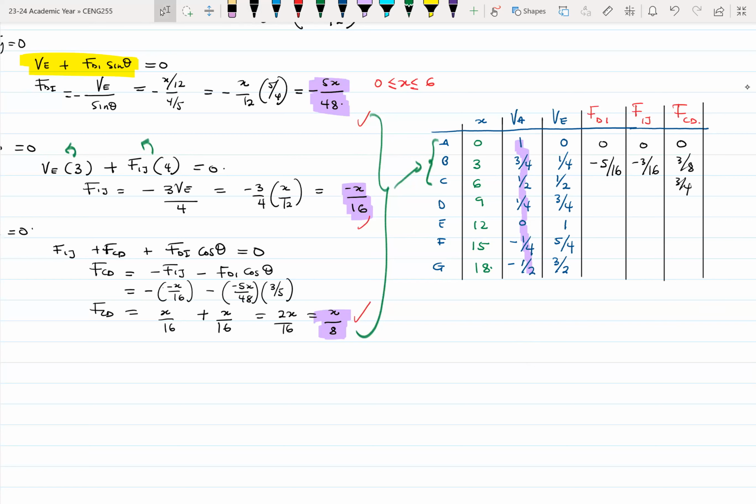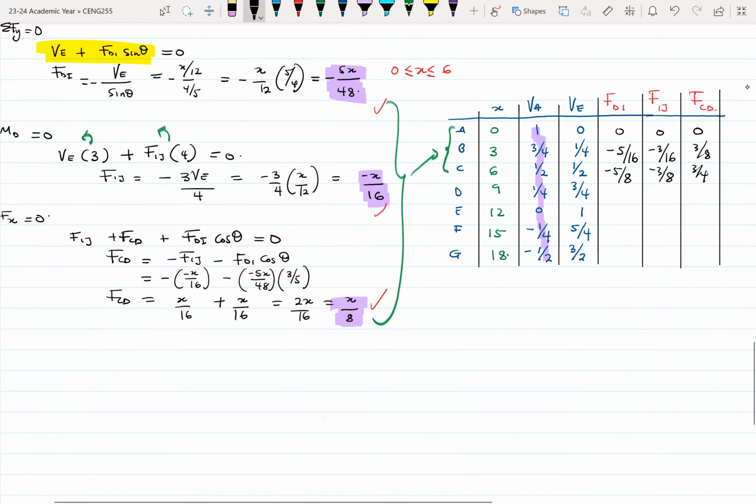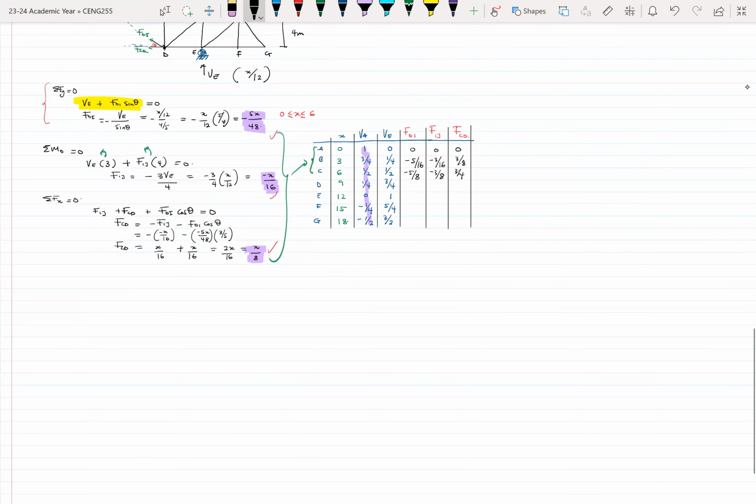So 3/4. Here we get 6/16, which will give us minus 3/8. And then here we get minus 5/8. All right. So we are done with the left side using the right hand side.